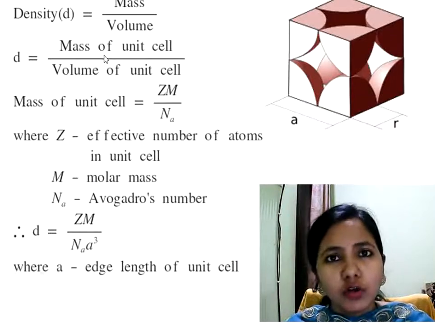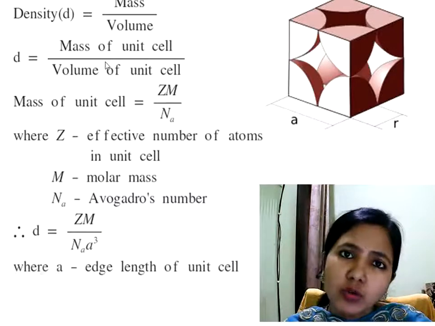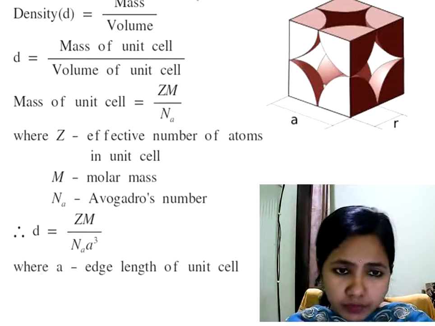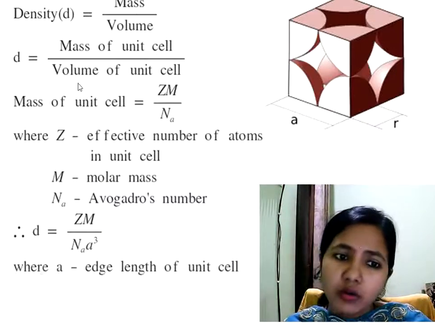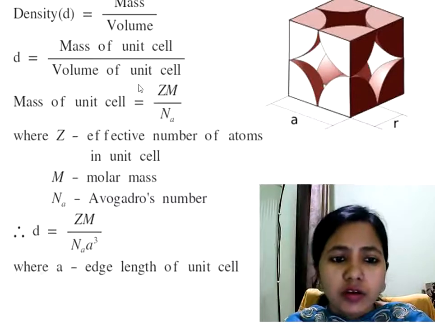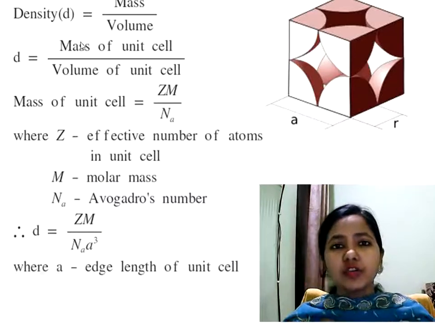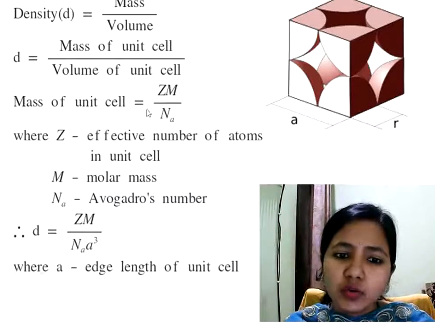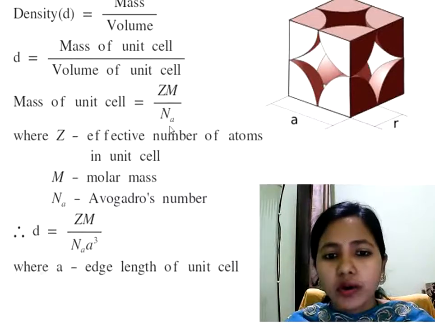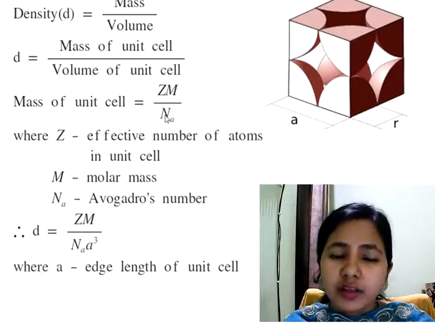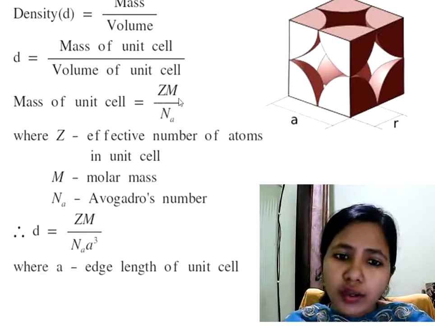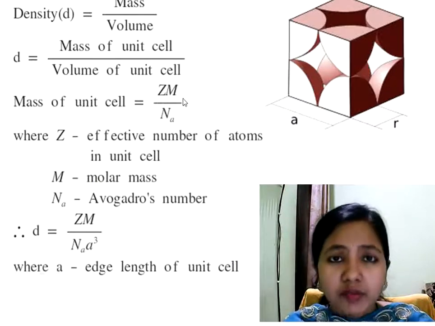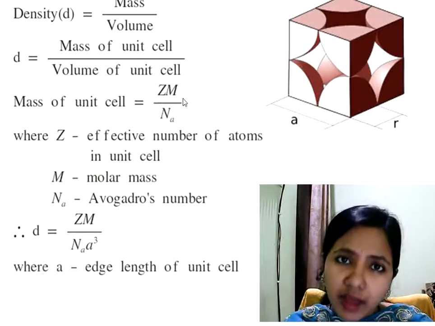Now we all know the formula of density. It is equal to mass by volume, that is, mass of the unit cell upon volume of the unit cell. Now see, what does the mass of a unit cell mean? Mass of the unit cell is equal to Z into M upon Na. The mass will be given to you in kg or gram, but we have to convert it into the number of atoms.